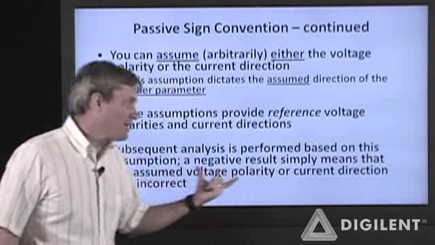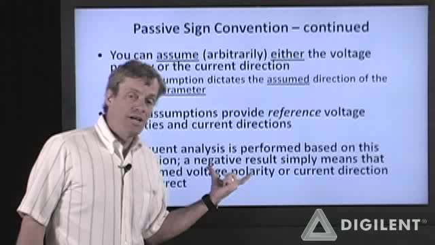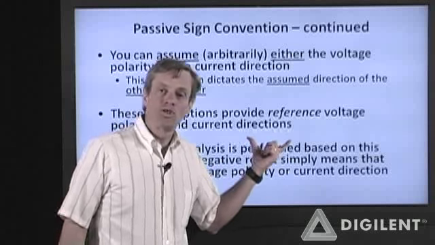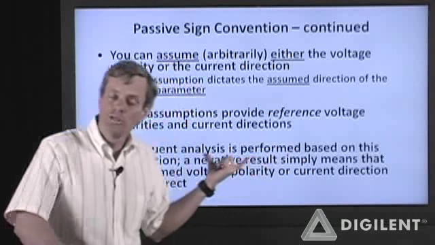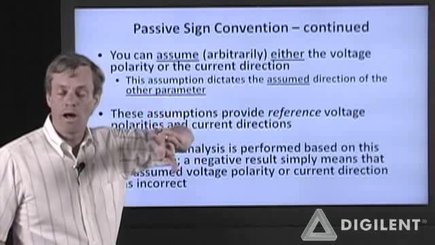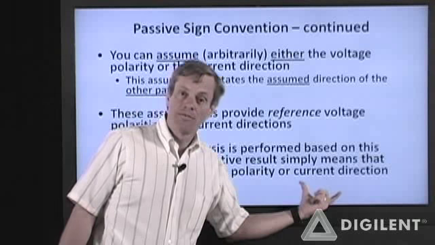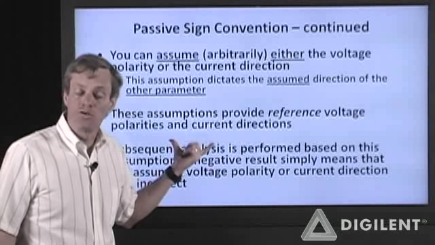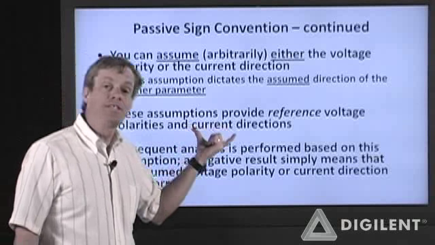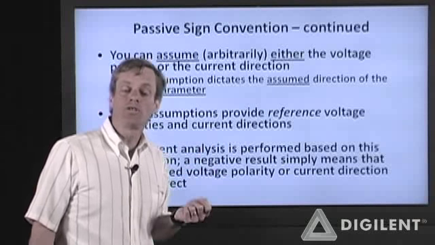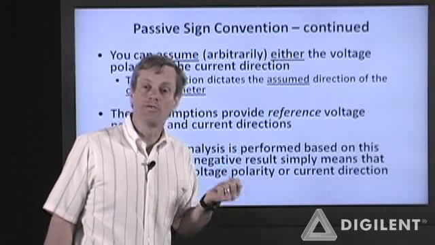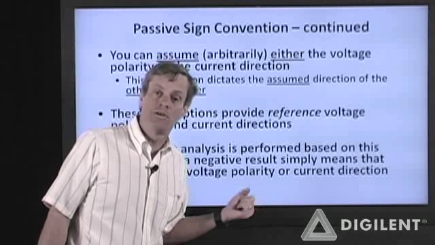If you do your analysis, if you get a negative result, that just means that you assumed the wrong voltage polarity if your voltage turns out to be negative and you need to swap the polarity. If your current turns out to be a negative number, you simply assumed the wrong current direction. These are just telling you how to interpret a positive relative to a negative result of any of your analyses.